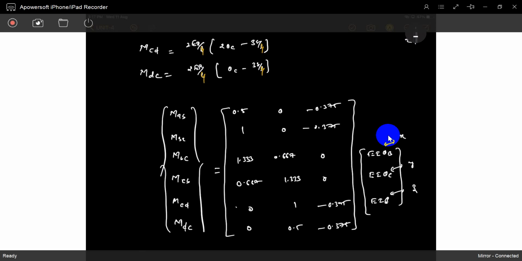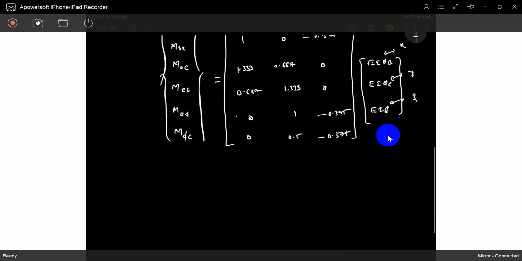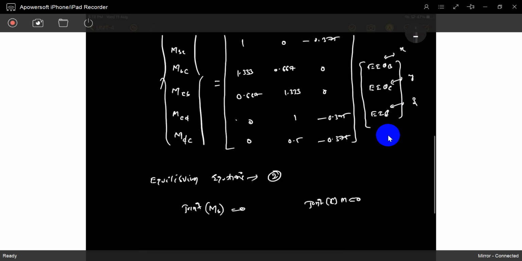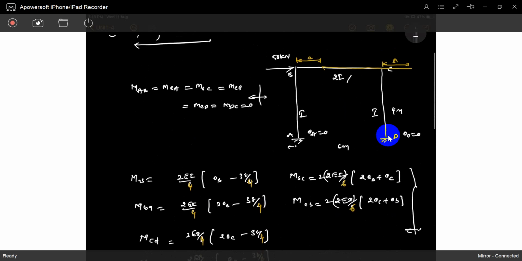Next, three unknowns are there, but only two equilibrium equations are available: the moment at joint B and the moment at joint C. Joint A is a support and has a moment, joint D has a moment, and joint B also has a moment.